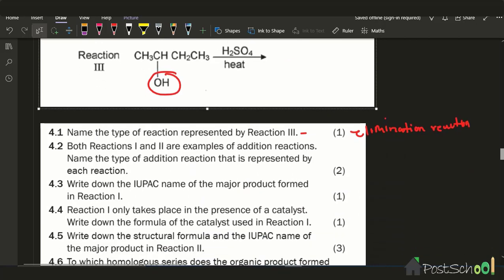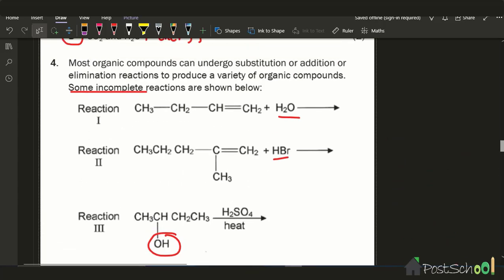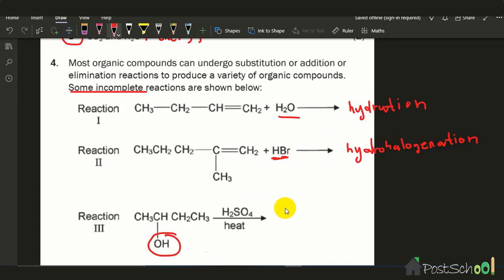Name the type of addition reaction that takes place in those reactions. In reaction number 1, addition of water is hydration, and the addition of hydrogen and halogen is hydrohalogenation. The last one is elimination because the OH bond is removed.